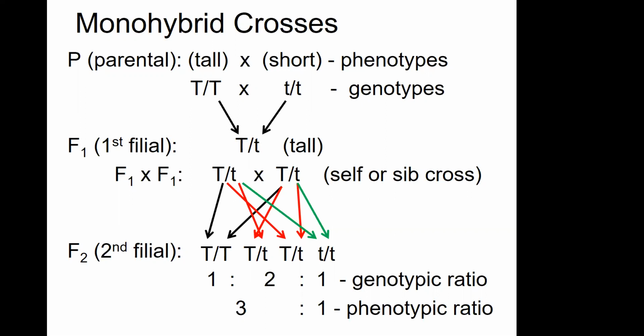In other words, does this genotype have to give exactly the same phenotype as this, or vice versa? Does this genotype have to give a tall? Does a heterozygote always have to look like the dominant homozygote? Not always. No, not always.